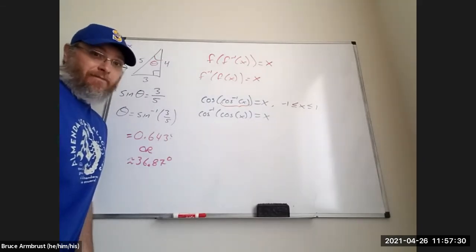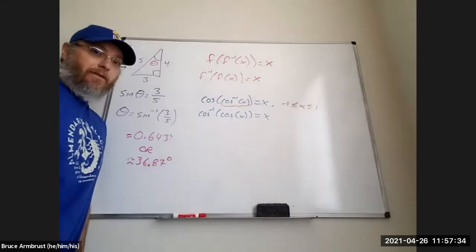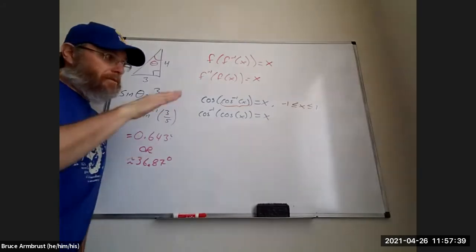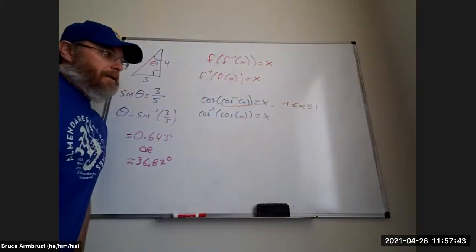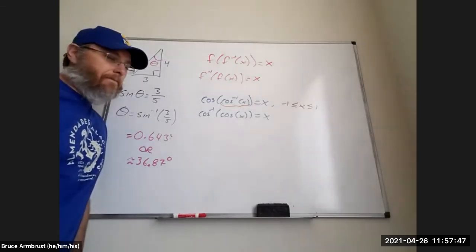That machine breaks before it can even spit something out into the next one. Okay. So this is going to work as long as the x's are between plus and minus 1, which is the domain of cosine inverse.